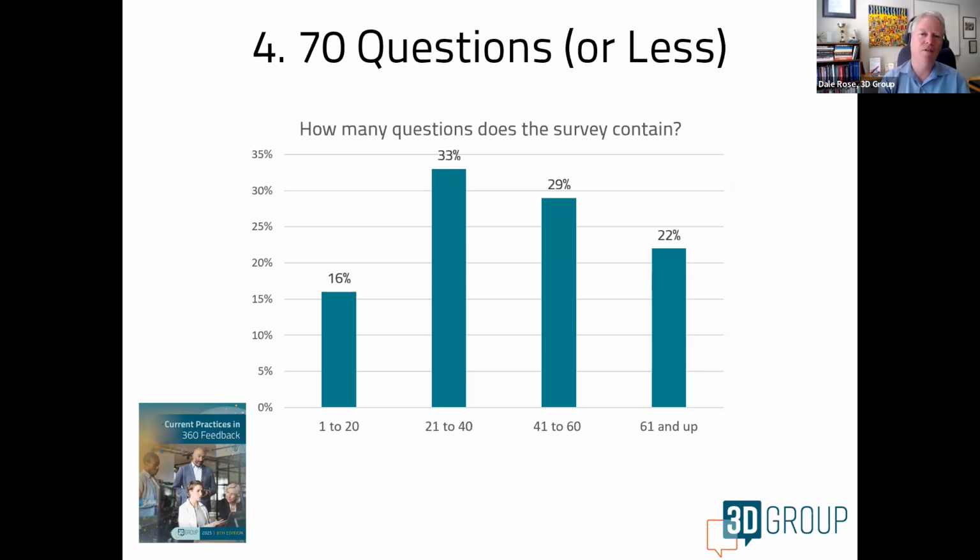But you do need at least 3 items per competency to have a reliable measure, and even 3 is a little small. 5 is better. So that ends up 8 competencies, around 40 items, for a smaller survey. That seems reasonable. And when we averaged it out, we came up with 44. So this is what's done out there, but again, every organization is going to be different.